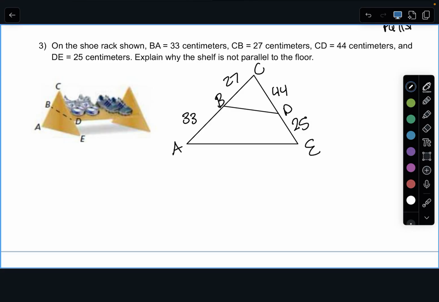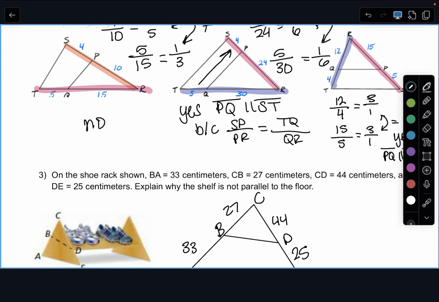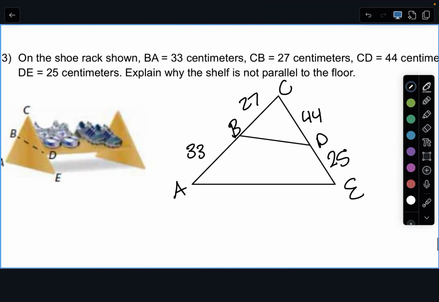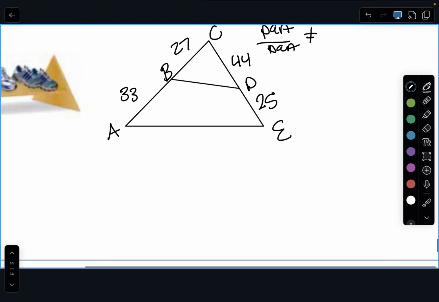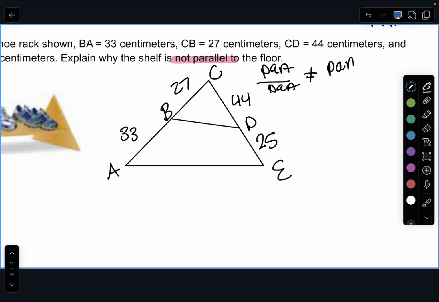So it already kind of gives us the answer to the question that we were asking in these problems. It's already telling us it's not parallel. So what that means is we have to show that part over part is not equal to part over part. Once we show this, we've done our work to answer the question.